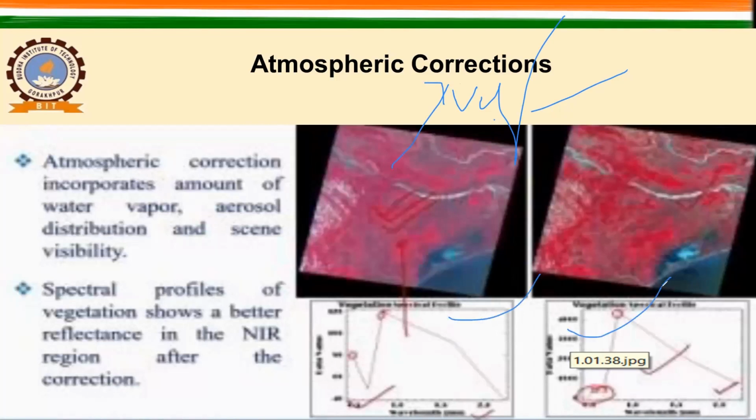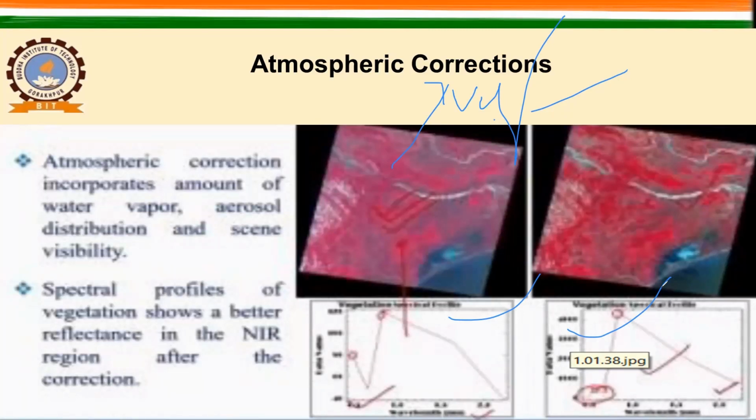How are we getting this spectral profile? Because remember, we should remember that a satellite gives many bands. So band 1, band 2, band 3, but we cannot see all of them together to generate color images.